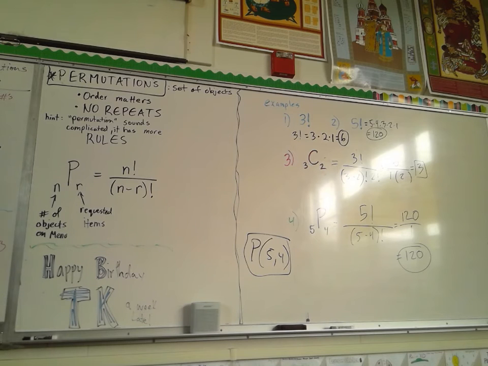So what does that mean again? Let's look at combinations right here. The order doesn't matter. So I can always do 1, 2, 3, or I can do 3, 2, 1.